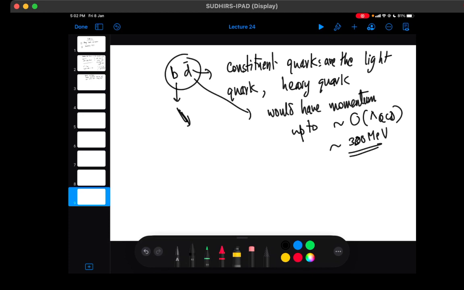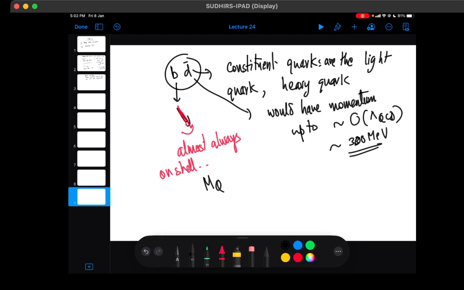It's almost always on shell. That means it doesn't have a propagator. Essentially, it's not really a virtual particle. It's really on shell, and also its mass mQ, the heavy quark mass, would not have much momentum essentially.